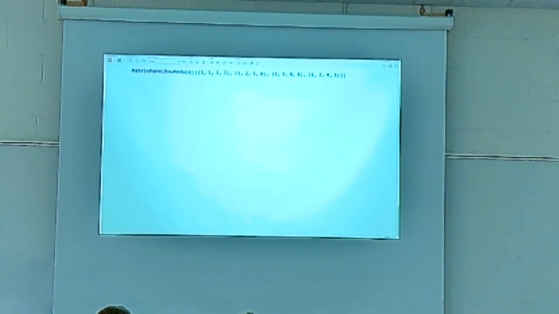Let's see if that works. It does! Yay! I think that must be a new command, so I have to remember that. There's our row reduced echelon form.